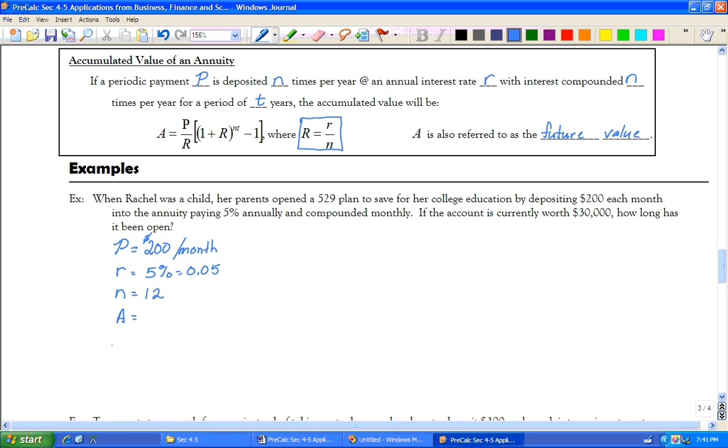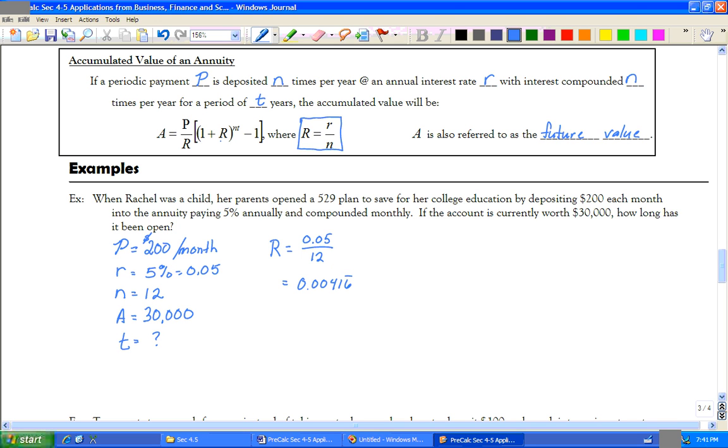The accumulated value is $30,000, and we're trying to figure out how long has that account been accumulating. Well, let's figure out our ratio. So our capital R is equal to our interest rate, so our 5% over 12, and that's going to equal 0.00416 repeating.